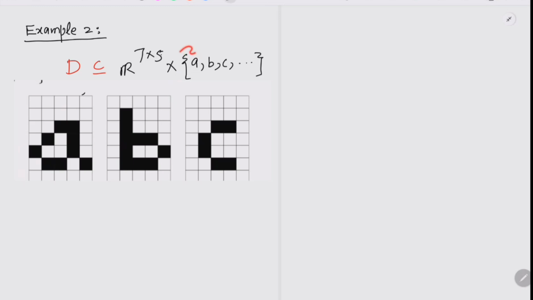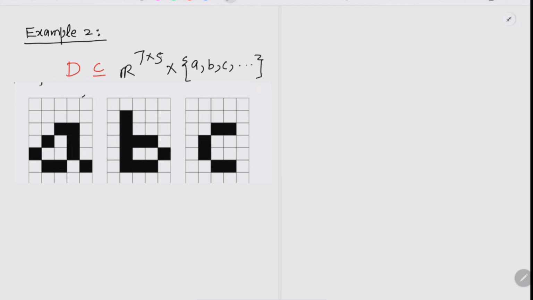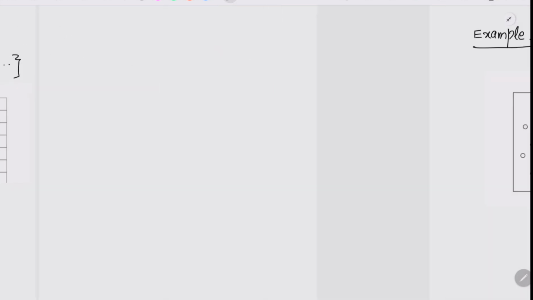So this is the prediction. Remember that this is a black and white image, and for white we have 0, and for black we have 1. This is another example of a data set, and this is a categorically labeled data set, where we have a labeled value for some data.